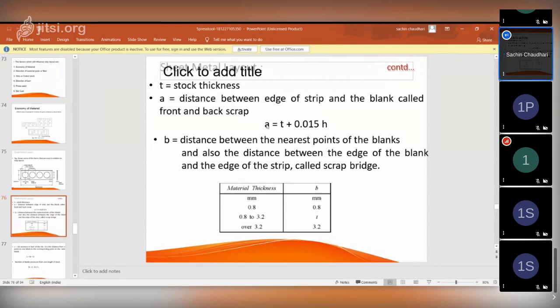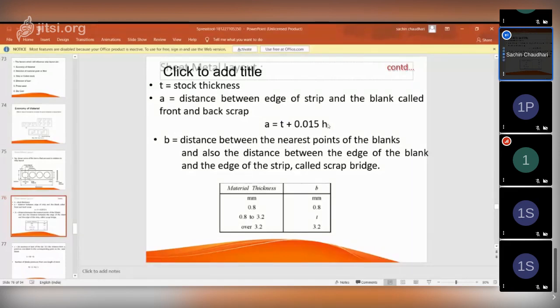See, T plus 0.015 H, where H is the height of your blank. Okay, so in this way, with this formula, you can calculate A. So you have to put in the thickness of the sheet and the particular height of your blank.